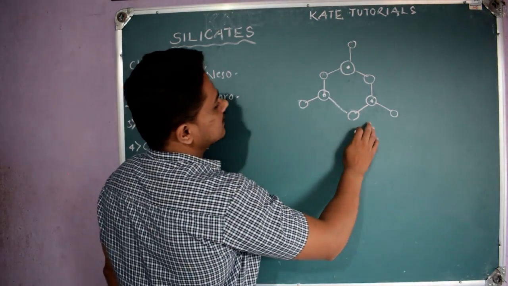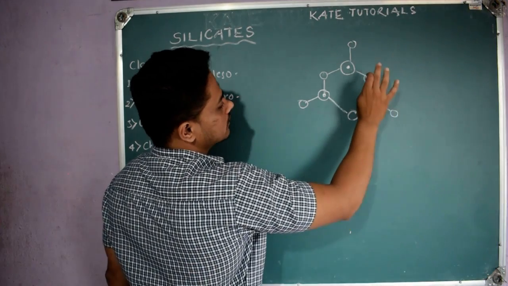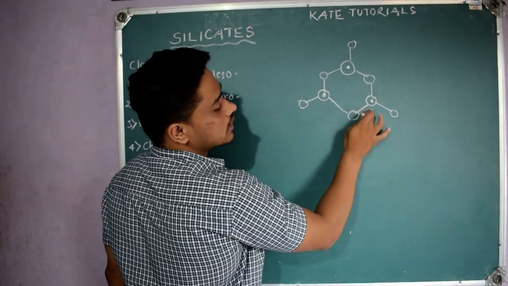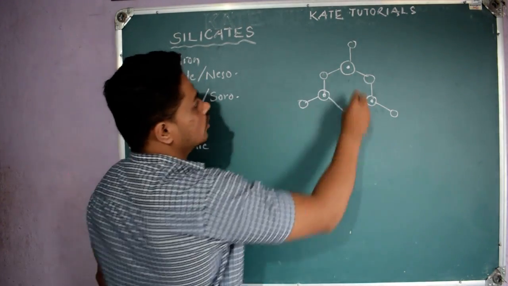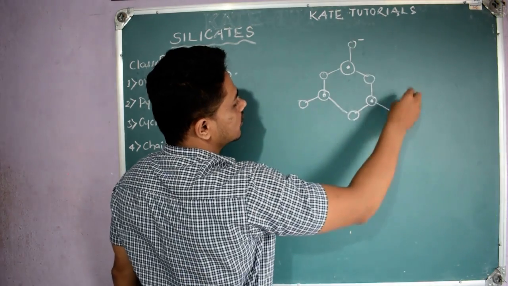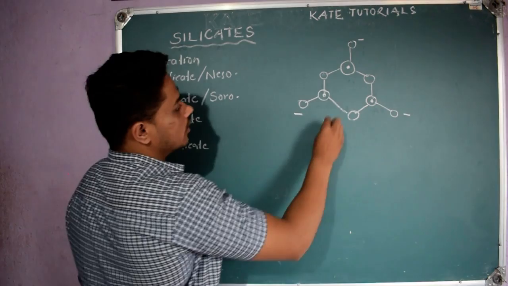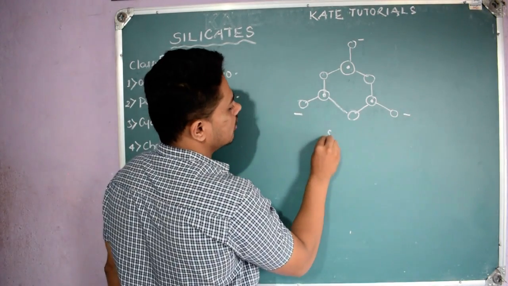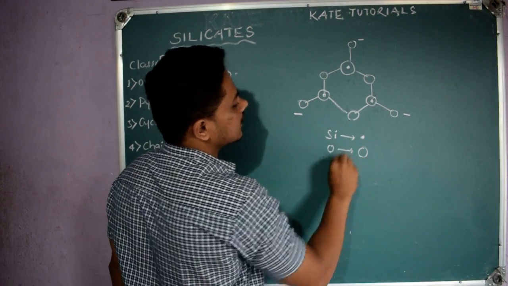Here you can see this oxygen is bonded to 2 silicons, so no negative charge. Here also this oxygen is bonded to 2 silicons, no negative. Here also bonded to 2 silicons, no negative. So only these oxygens will get negative charge. How many silicons are there? Silicon I represent by a dot, oxygen by a circle.